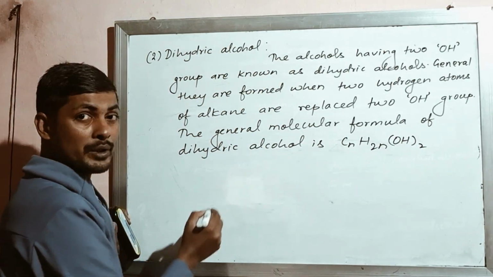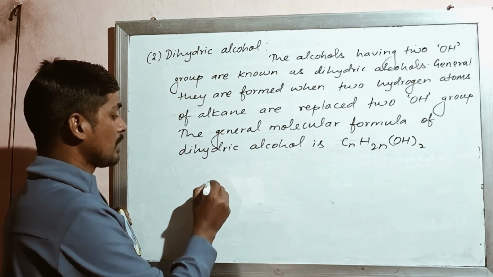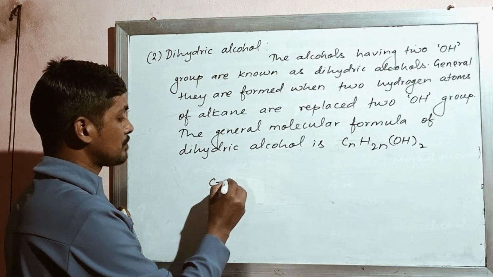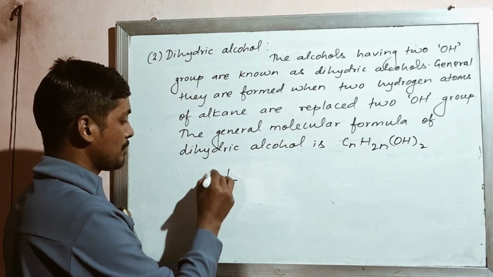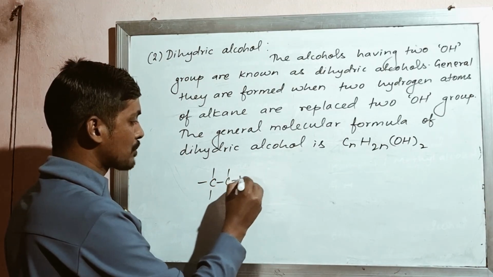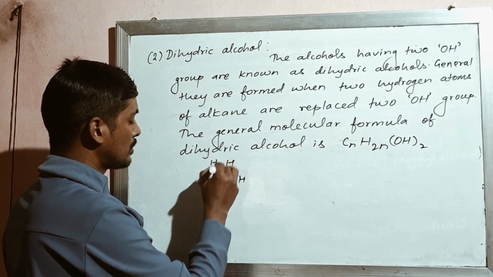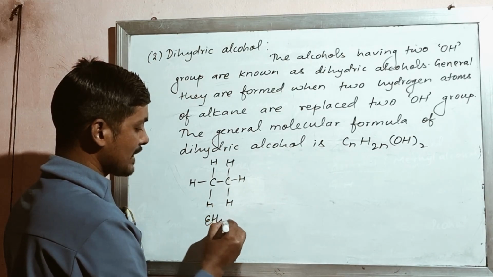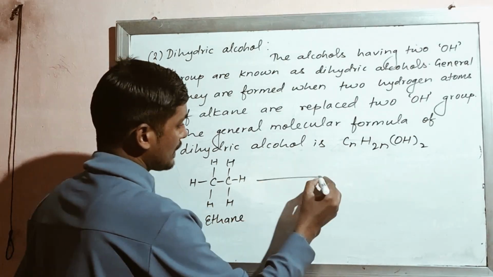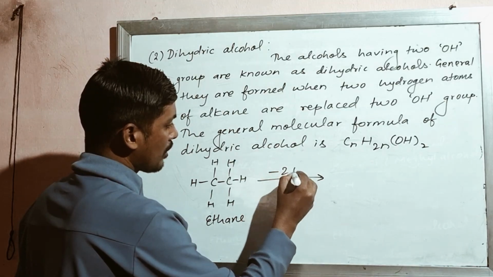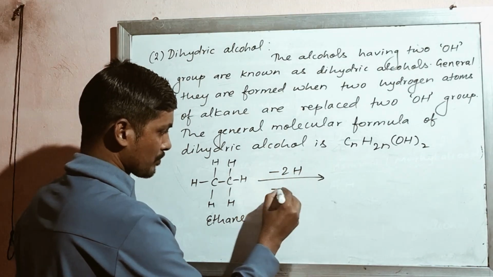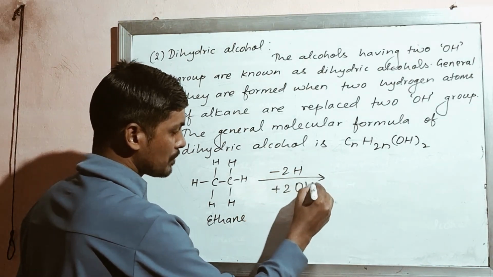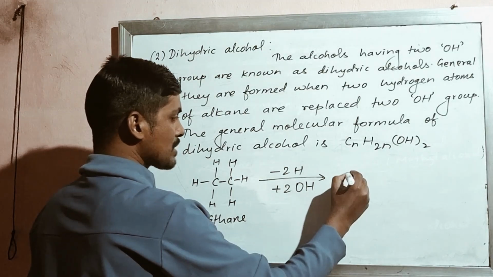Now we can see here, if there is an alkane, suppose this alkane has two carbon atoms, its name is ethane, and if two hydrogens of this ethane are replaced by two OH groups, then what is formed here?